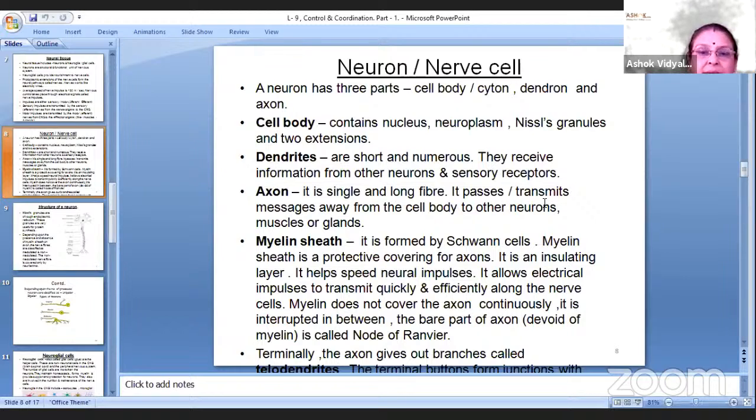As I told, it is interrupted in between. The bare part of the axon, that means the part devoid of myelin, is known as the node of Ranvier. Terminally, the axon gives out branches known as telodendria, and these terminal buttons form junctions with the next neuron.